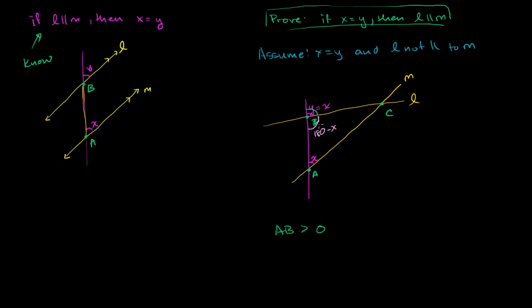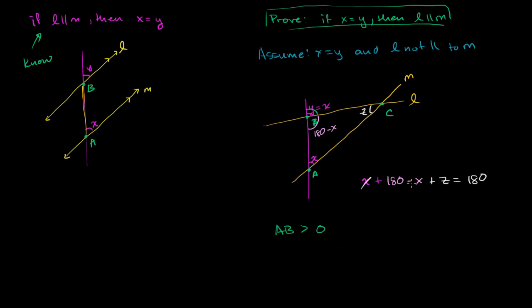And then this last angle, let's call it angle z. We know that the sum of the interior angles of a triangle is going to be equal to 180 degrees. So we know that x plus 180 minus x plus z is going to be equal to 180 degrees.